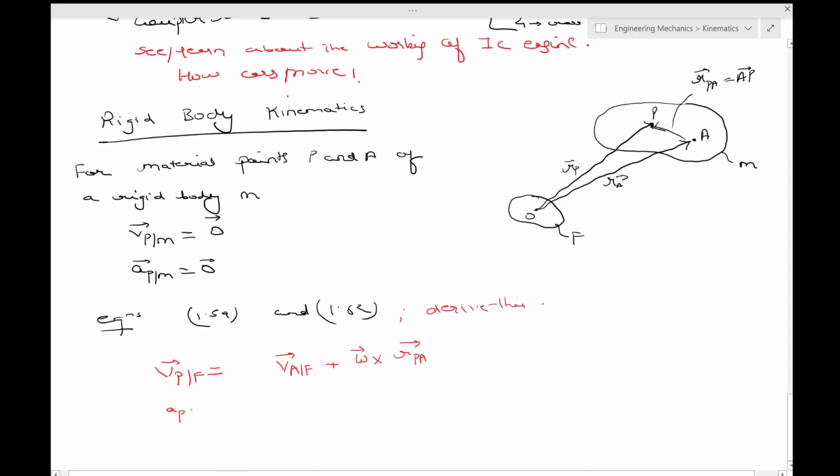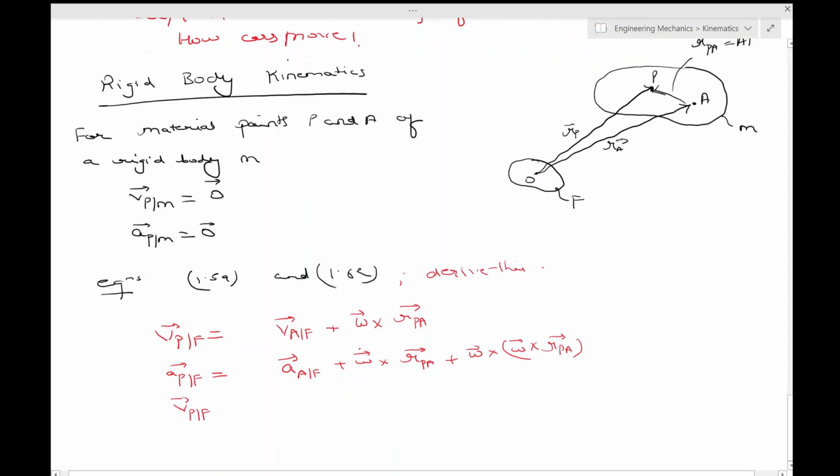Acceleration of P with respect to F is equal to acceleration of A with respect to F plus omega dot cross RPA plus omega cross omega cross RPA, or AP, whatever you want to write.